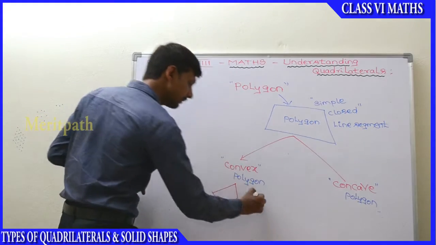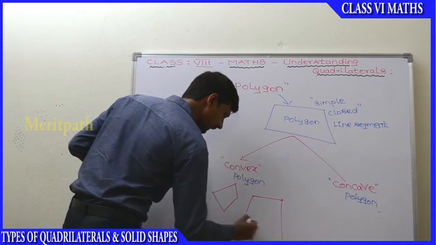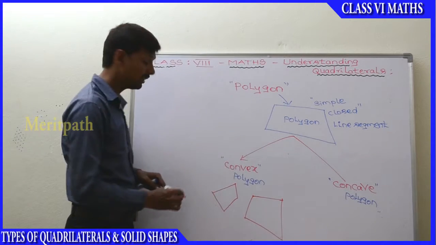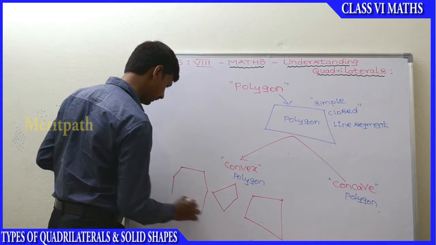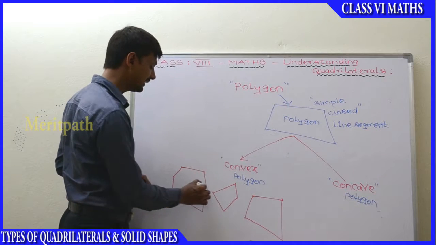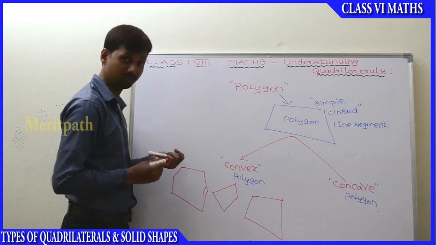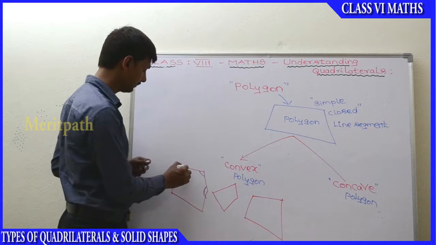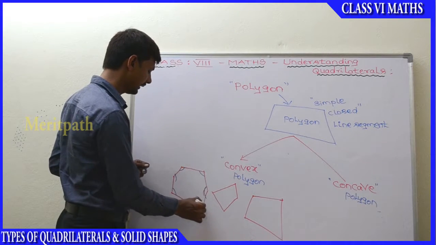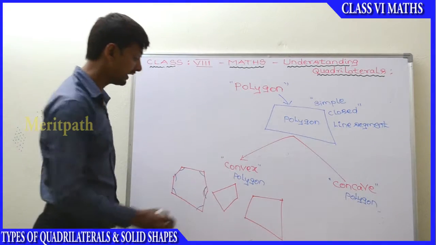In a convex polygon, each of the angles is less than 180 degrees. If you observe the angles of these polygons, here this is 120, maybe approximately. See, this is an obtuse angle. These are all obtuse angles.